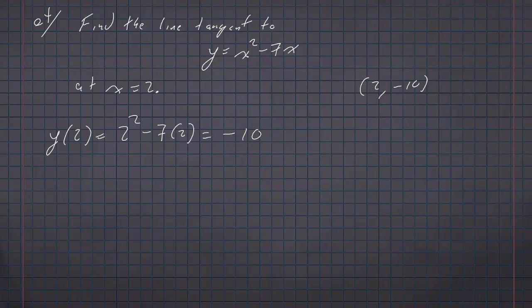The other thing we need is our slope, which we could write as m, or we could write as dy dx at x equals 2.